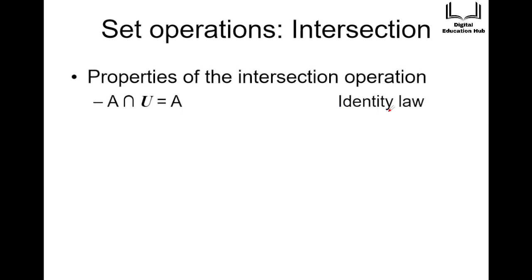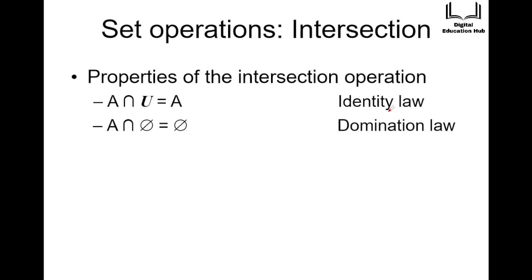Now the properties of the intersection operation. If I take the intersection of A and the universal set, it will result in set A itself. This is called the identity law, since it maintains the identity of the set. Next, if I take the intersection of A with the null set, the result would be null.